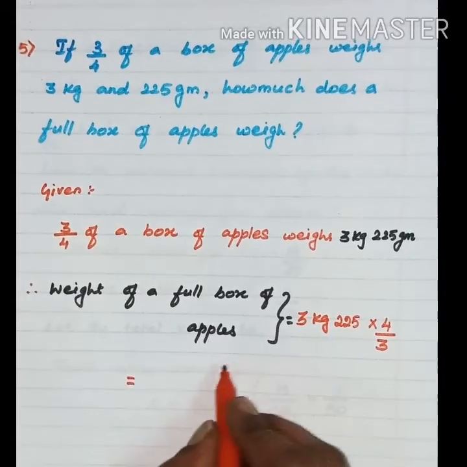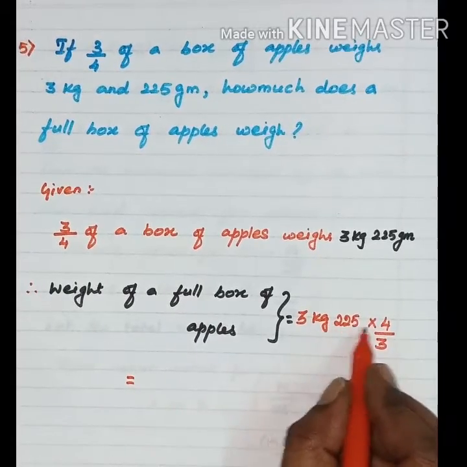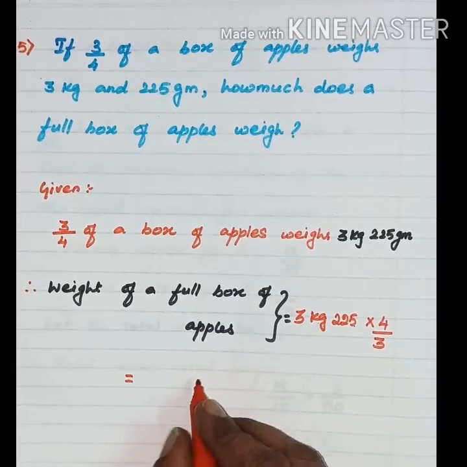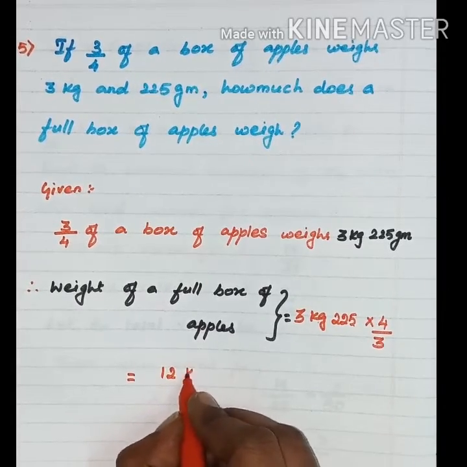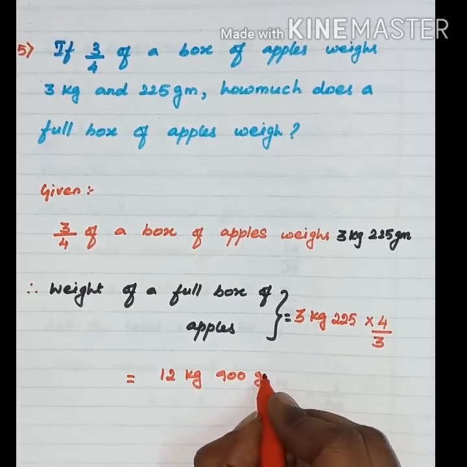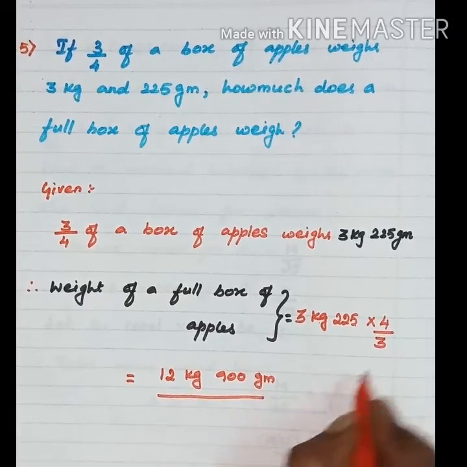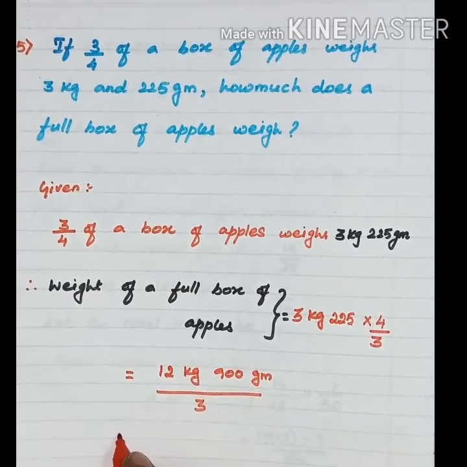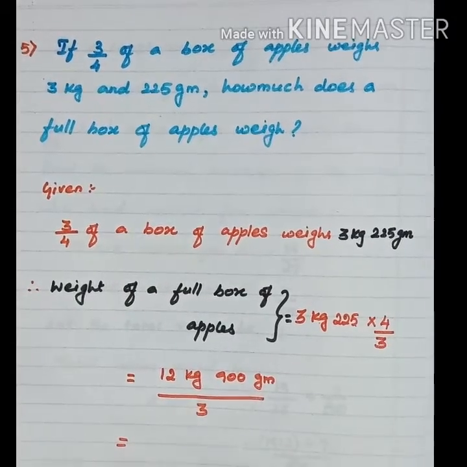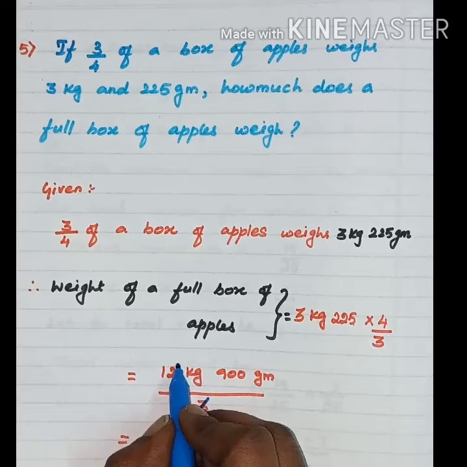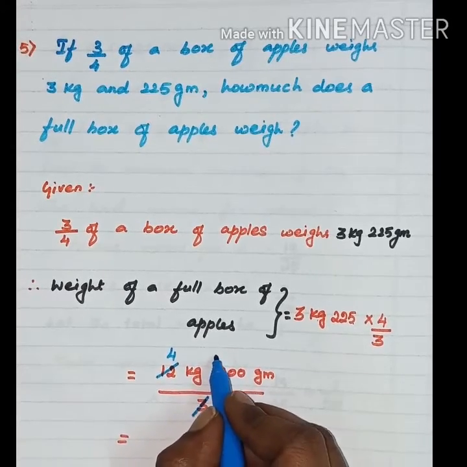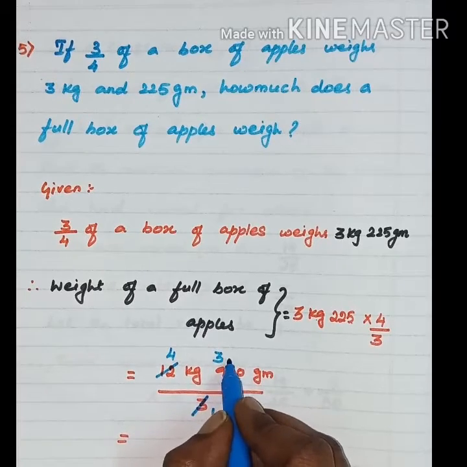That is equal to, multiply 3 kg 225 into 4 will get 12 kg 900 grams, which should be divided by 3. 1 3s are 3, 4 3s are 12, 3 3s are 9.